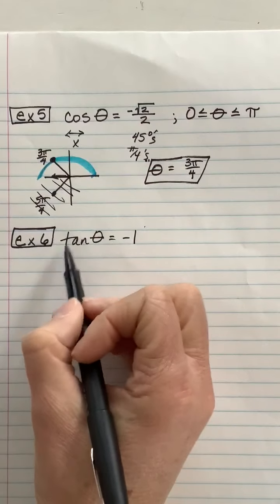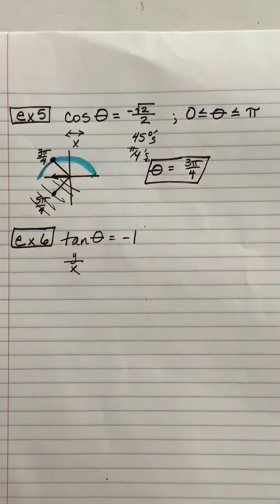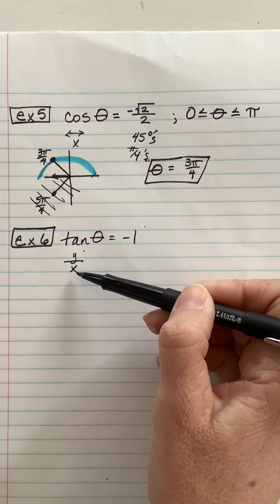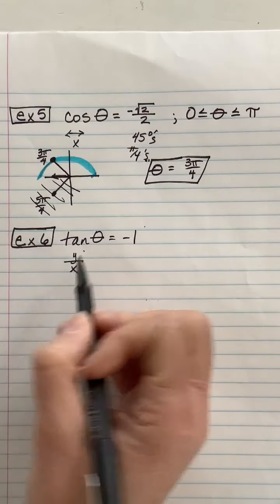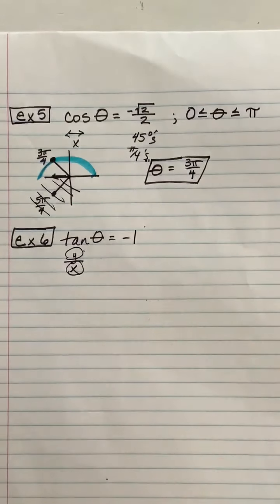So with enough experience with tangent so far, tangent's going to be y divided by x. Well, what is the only thing you could divide by that's going to give you a value of 1? Well, the only thing that's going to be able to get is something equal to something else. These have to be equivalent numbers.